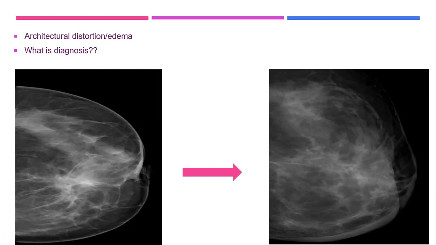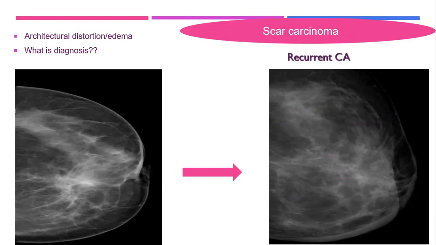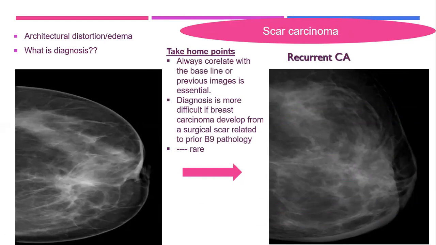It will be suspicious for recurrence. This is recurrent cancer. Yes, you see? This is scar carcinoma. Scar carcinoma is difficult to diagnose, and usually you always need to correlate with a baseline or previous image.